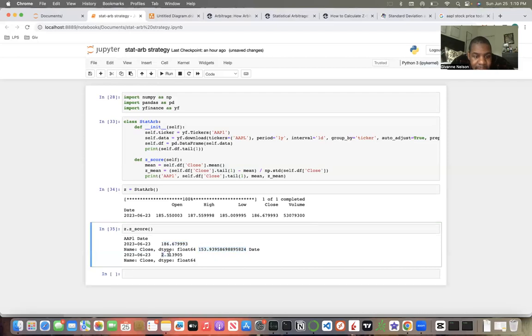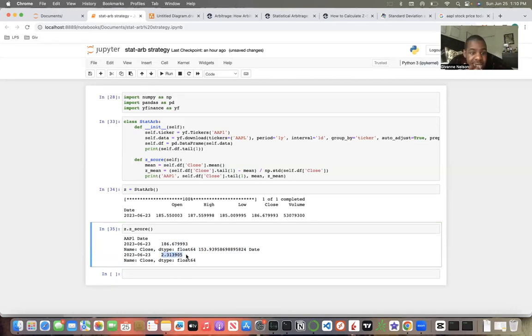So it's currently above the mean by 2.3 standard deviations. You remember we said 2.5 is probably the highest. So that means Apple will probably fall within the coming weeks towards that mean of 153. So this will be a great selling opportunity once it gets a little closer to 2.5.